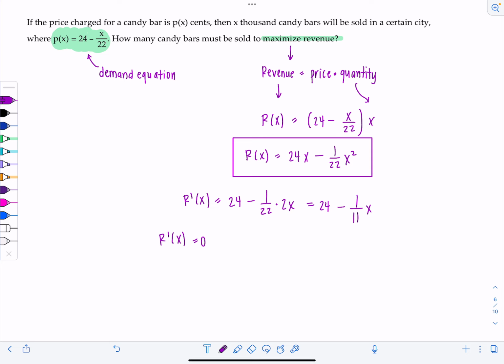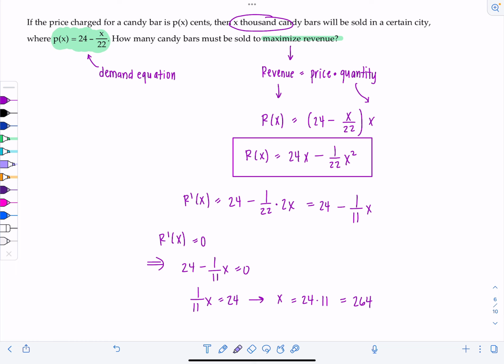It's a polynomial, in particular a linear function, so it exists everywhere. I'm just going to set it equal to 0. So that means 24 minus 1 over 11 x is 0. That means 1 over 11 x is 24. So x equals 24 times 11, which is 264. And x is in thousands, so technically that's 264,000 when we give our final answer.